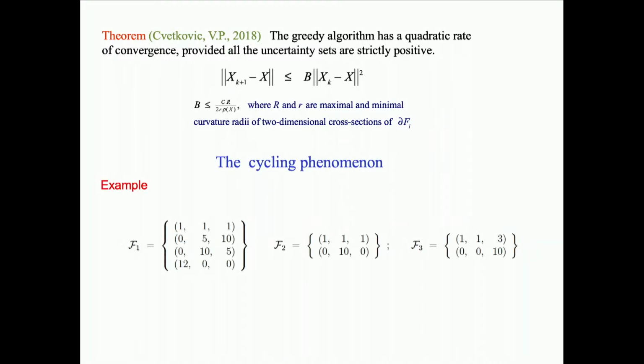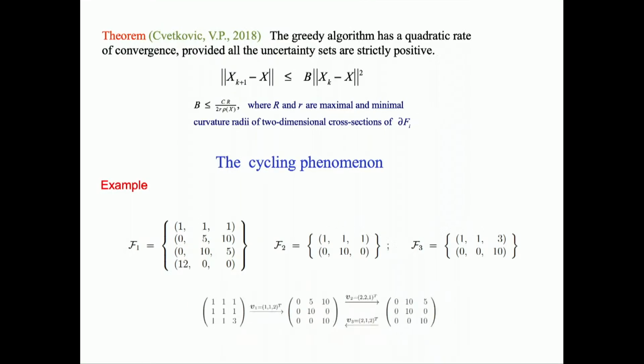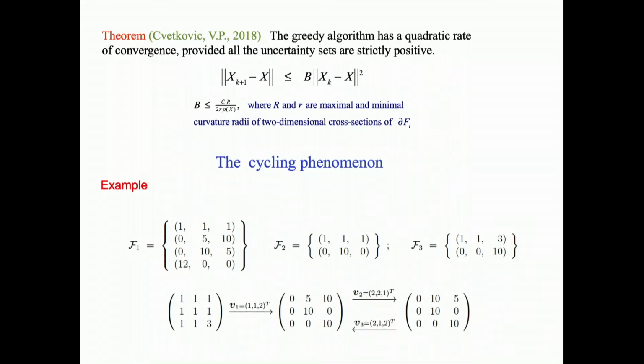Unfortunately, what happens if this is not totally positive? It may cycle again. It happens not so often as in the spectral simplex method, but sometimes it happens. This is the simplest example of the cycling.